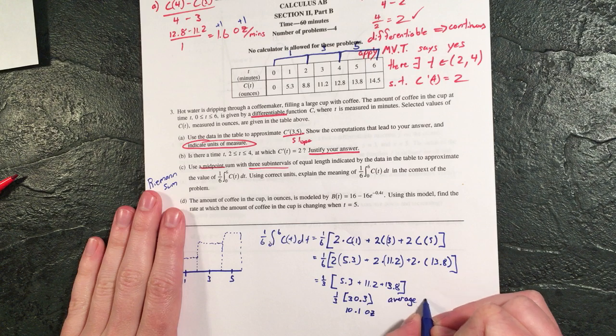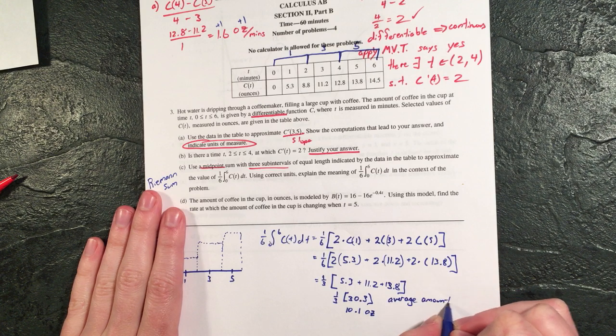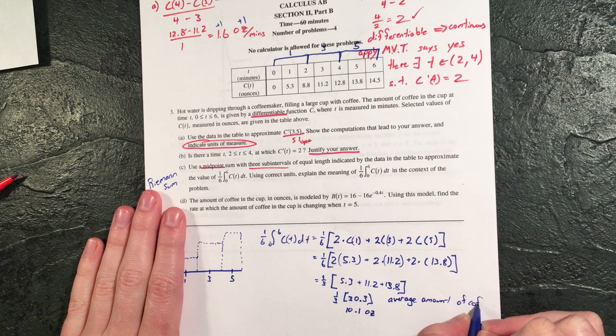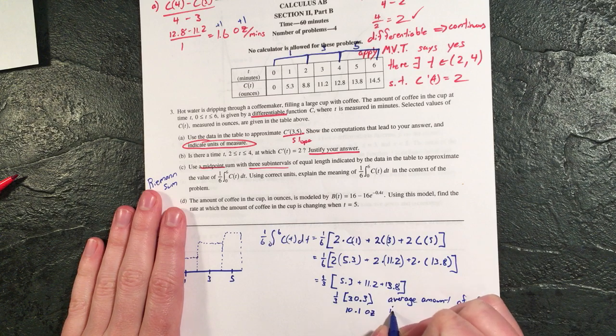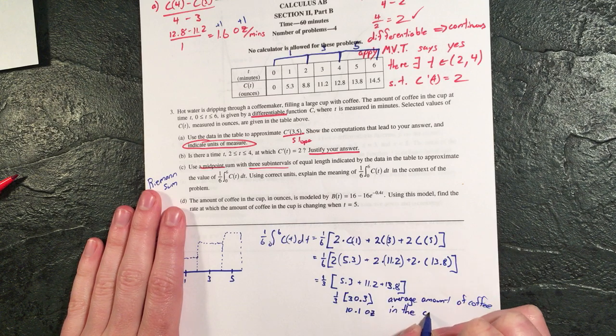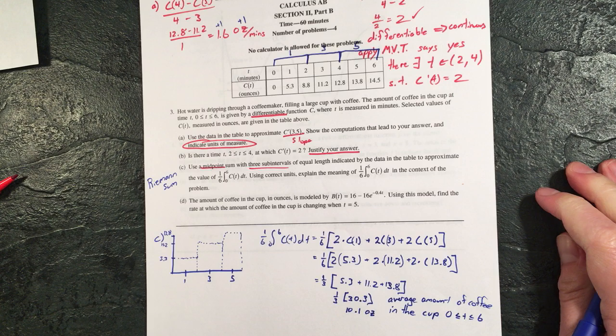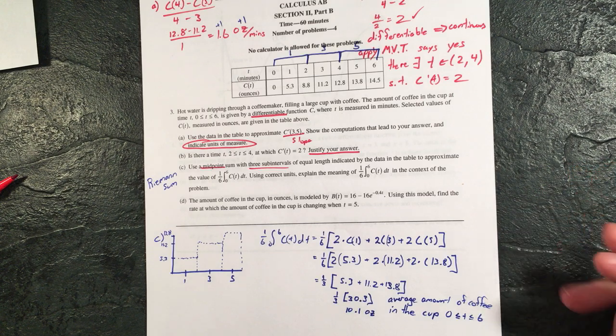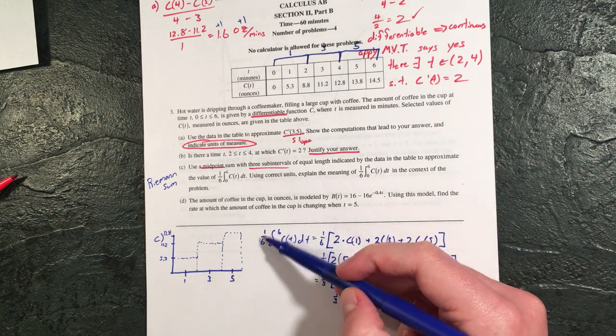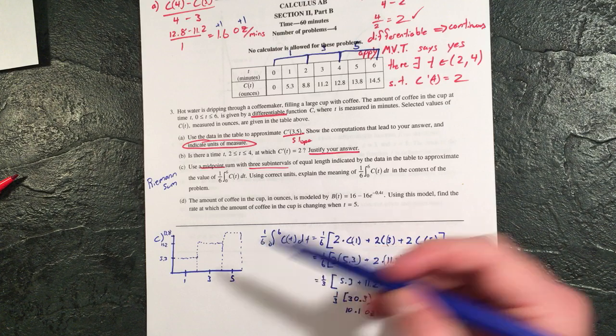So that's the average amount of coffee in the cup from 0 to 6 minutes. So hopefully that average part makes sense because we're doing the 1/6.